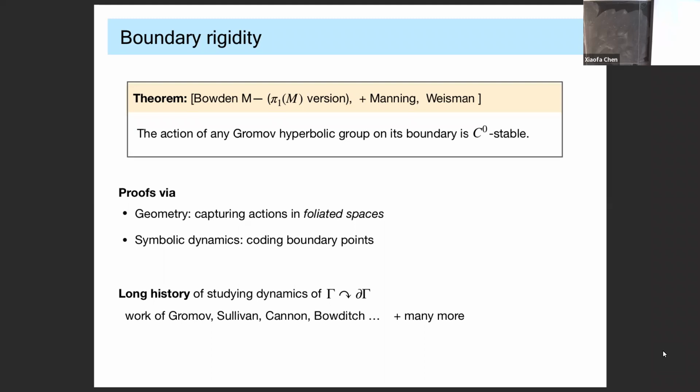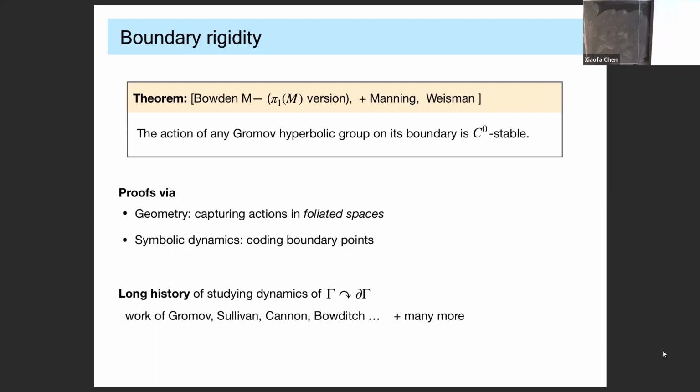We did it in this very geometric group theory version. The more recent version uses a symbolic dynamics argument, where we code boundary points by strings in a finite set that we take from our group using the dynamics of the action.